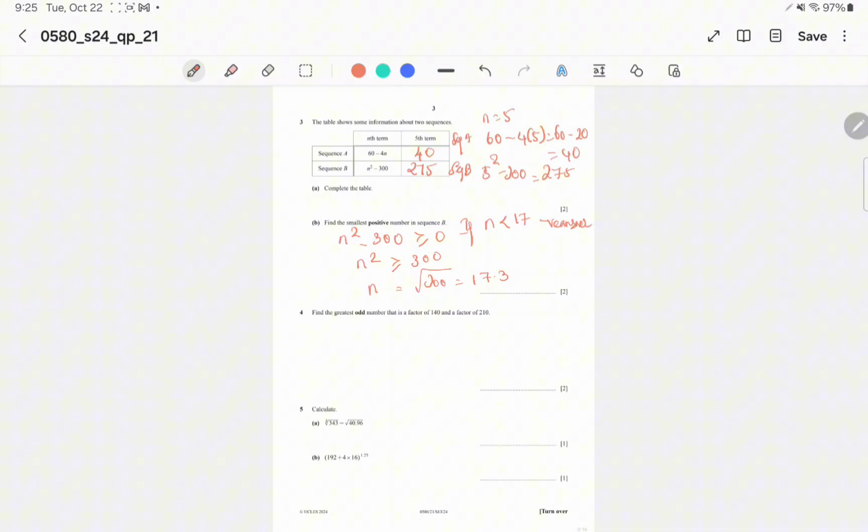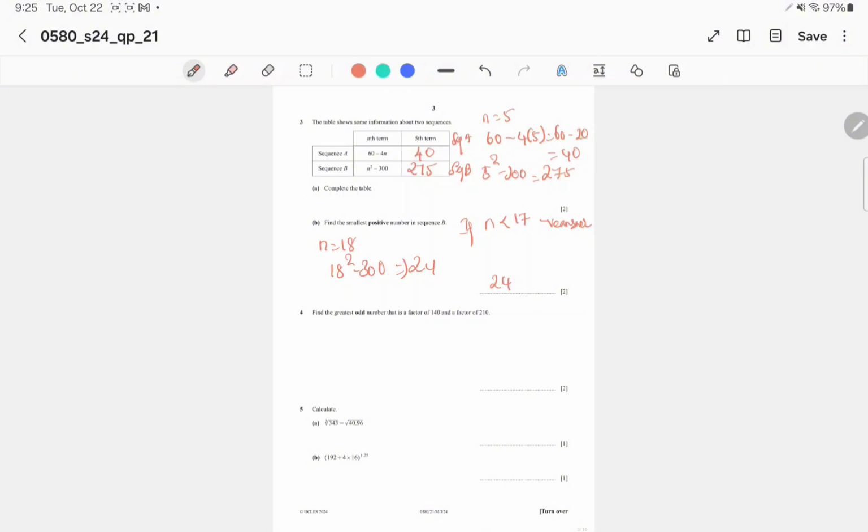Okay, I will rub out this calculation. We will do the n number which gives a positive answer. Next number I am applying for n is 18. So the sequence term is 18 squared minus 300, so it is 24. It's a positive answer.